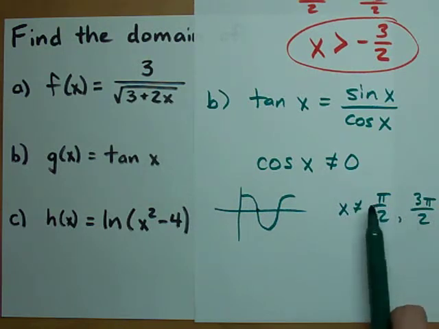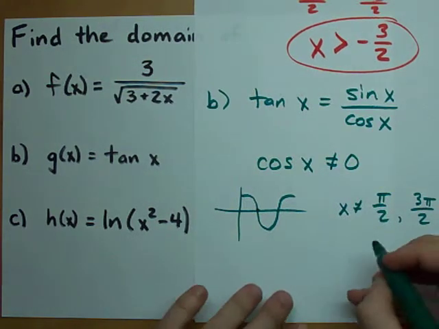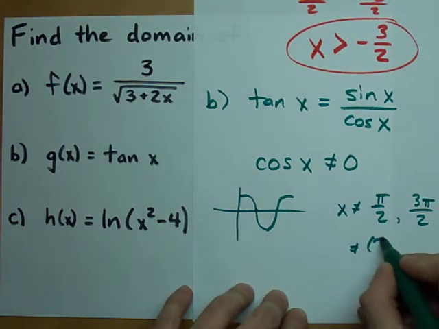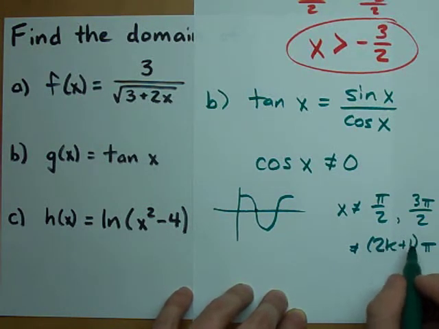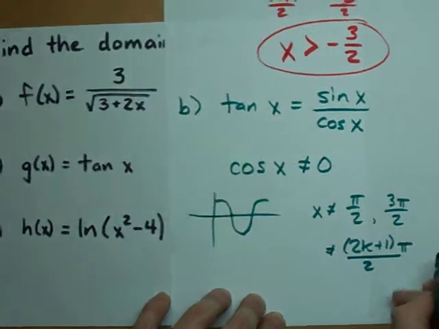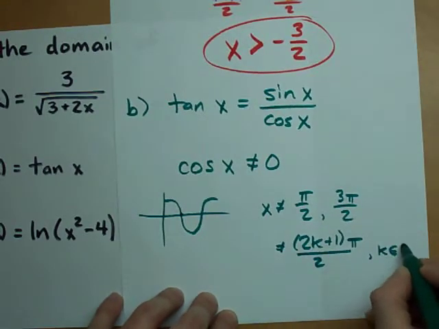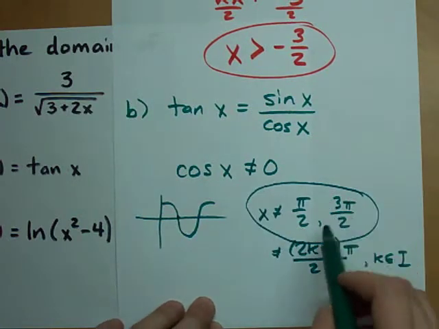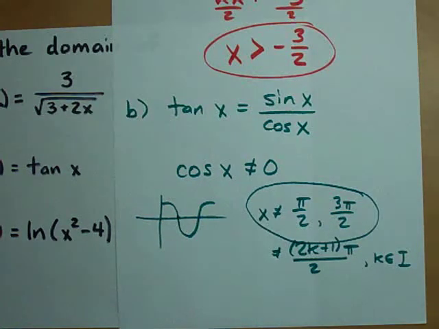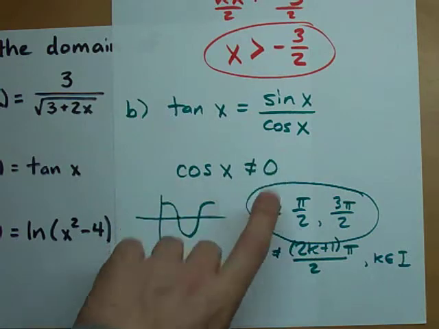These repeat. It's actually all odd numbers of pi, if you want to write it that way. It's 2k plus 1 pi. See, these are all the odd numbers, at least when k is an integer. But it should suffice to say that it can't be pi over 2 or 3 pi over 2. Again, the denominator can't be 0.